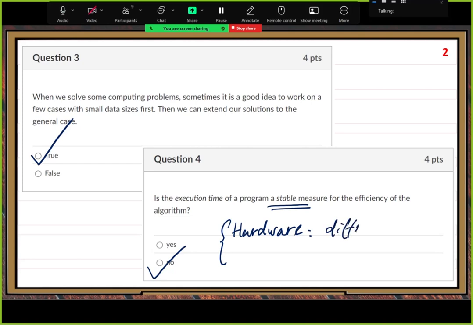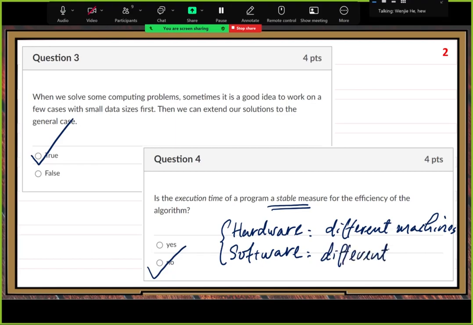When you use different machines, the response time is different. From the software side, when you write programs, you may have different implementations. That will cause different response times.